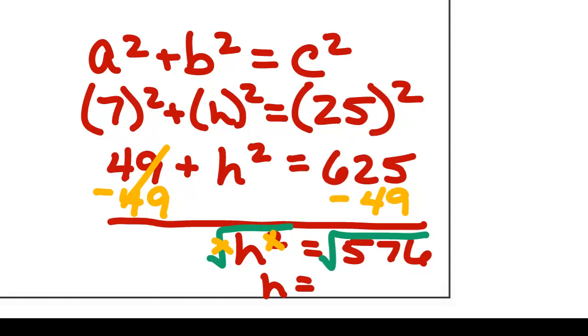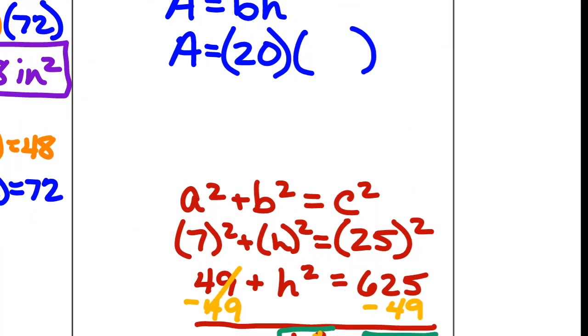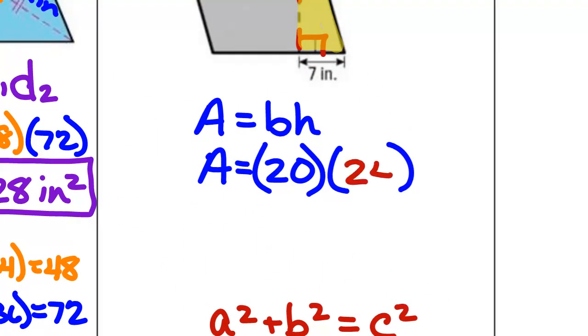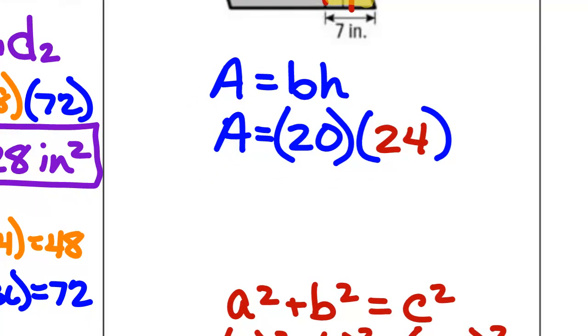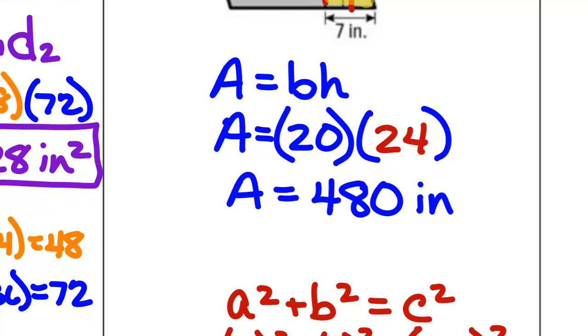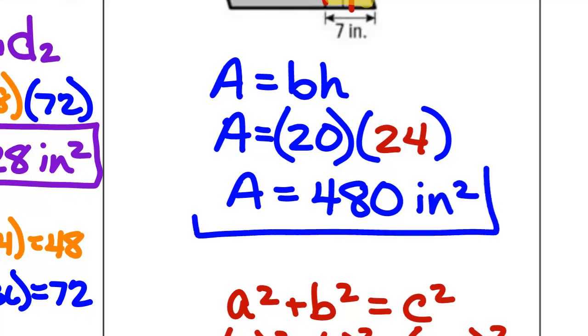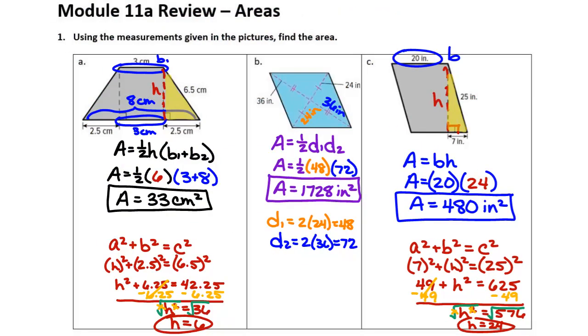Yep, I was going to say that seems a little small to me. 24. So our height is 24. So we do area is equal to 20 times 24, which comes out to be 480. We have a unit of inches in the picture, so this would be inches squared since we're finding area.